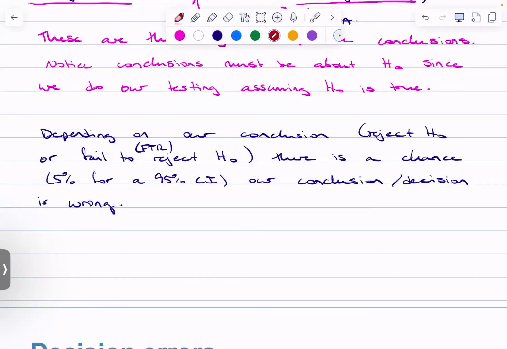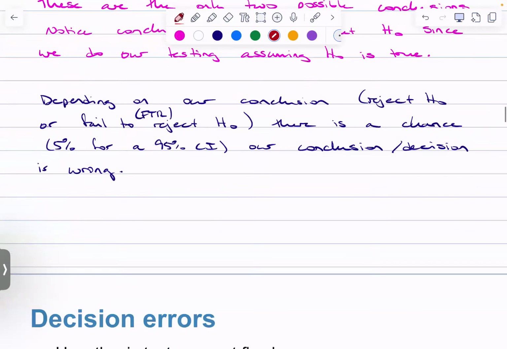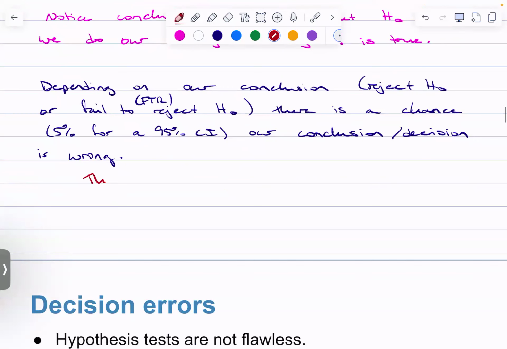This is why we never, I'm going to do capital NEVER, in red. That's important. This is why we never accept a hypothesis.